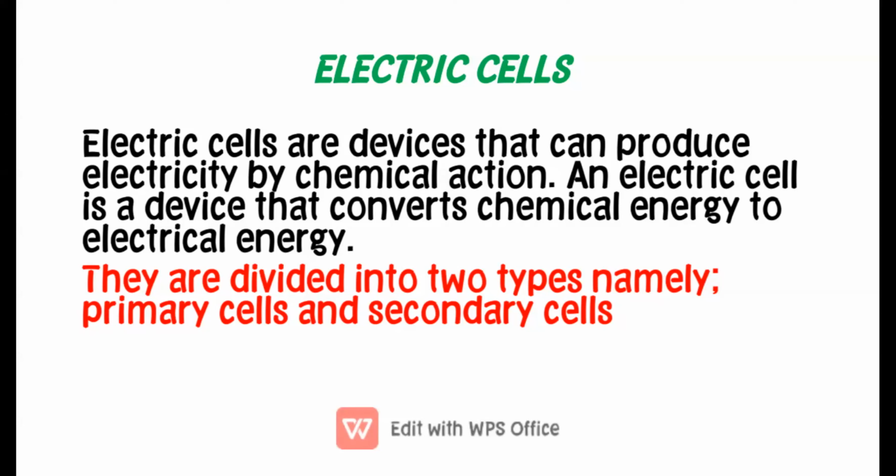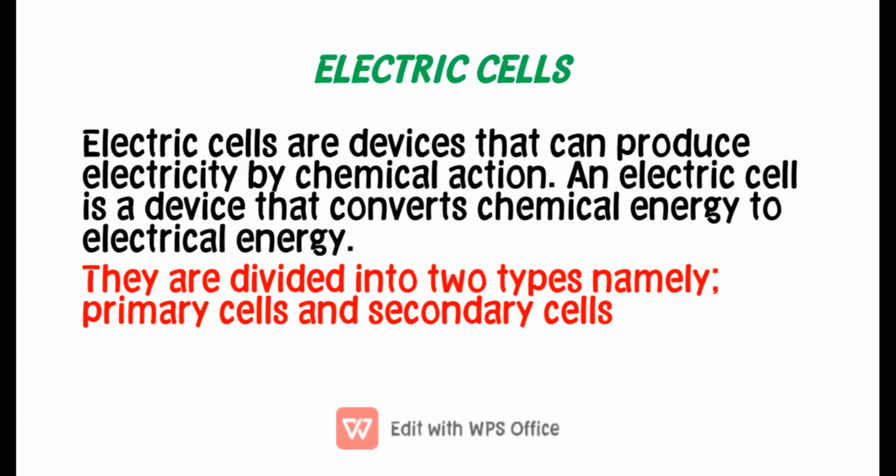Primary cells and secondary cells. Now, a person is asking me what is the difference between a battery and a cell. For something to be called a battery, we must have many cells put together. If they say a battery, it means there are many cells that have been put together.